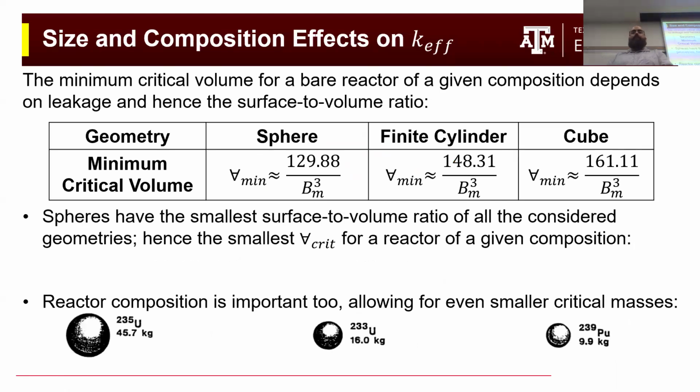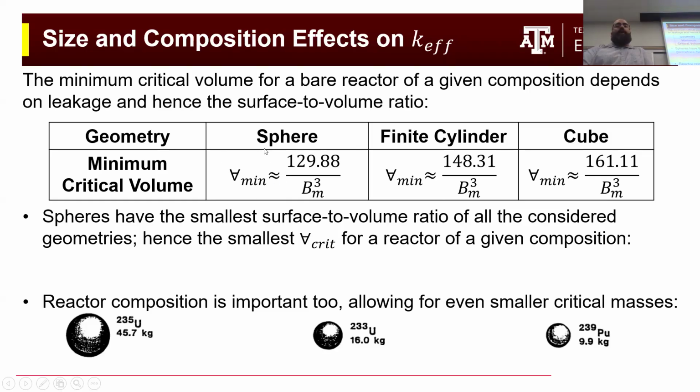But in general, we can talk about these different shapes and which shapes are the best in terms of comprising a critical mass. If I want to find the minimum critical volume for these different geometries, it's going to depend on the material properties, but it's also going to depend on the characteristics of that shape.